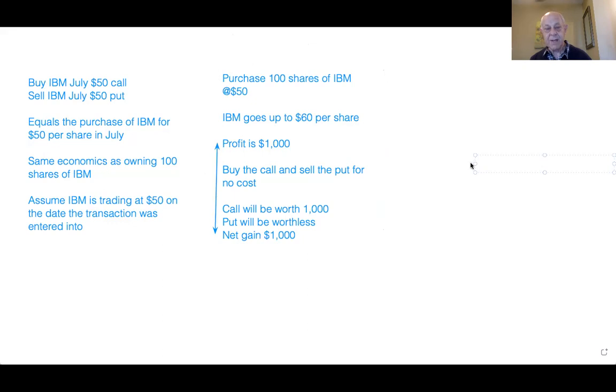Now, let's assume that we do the same thing. So again, we're purchasing at 50, and it's 100 shares. And IBM goes down to 35.